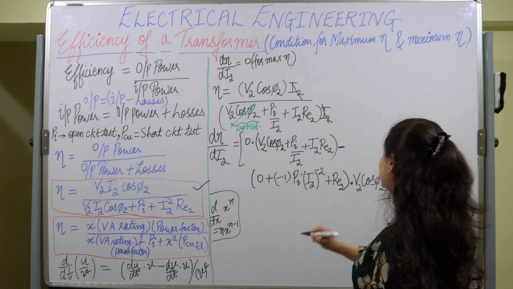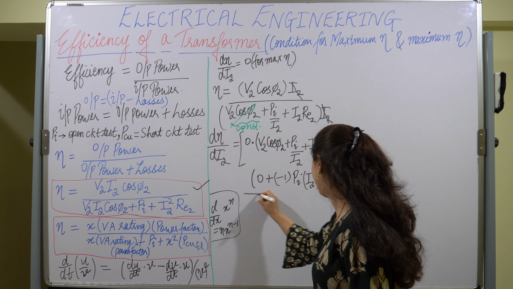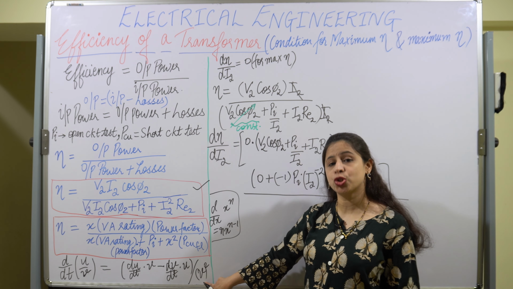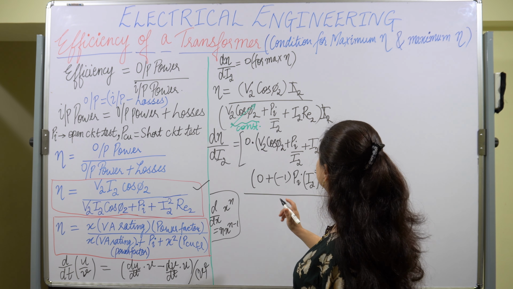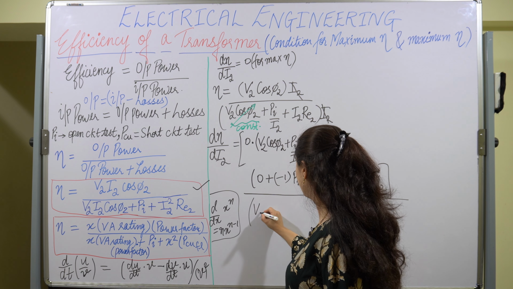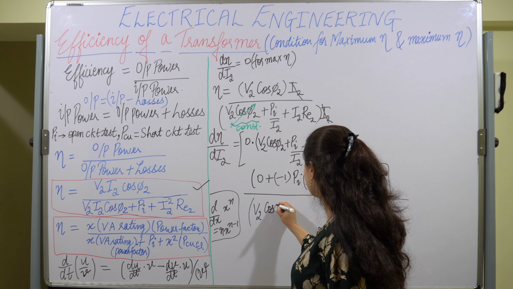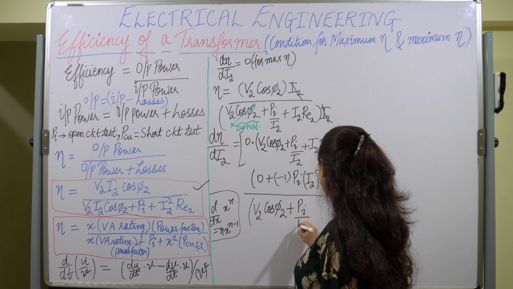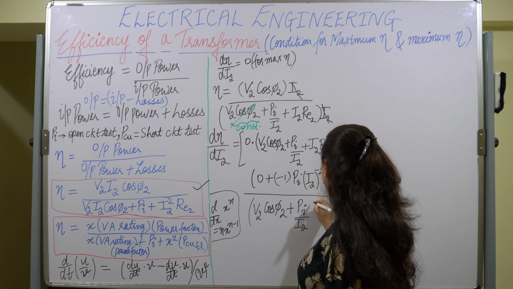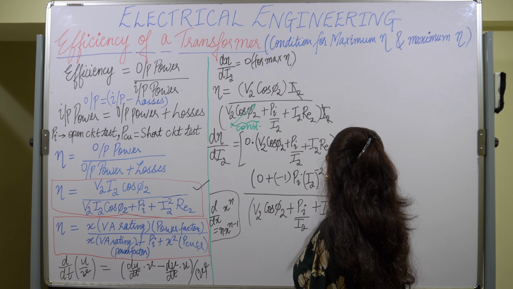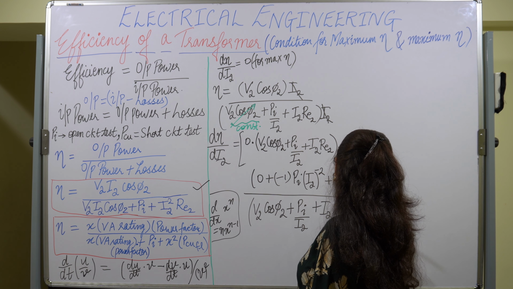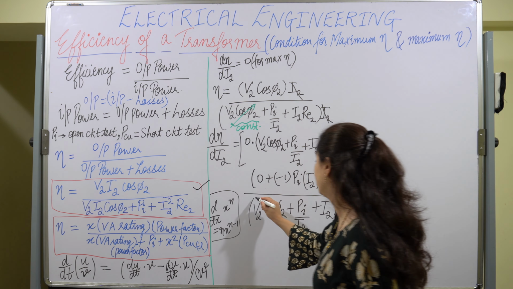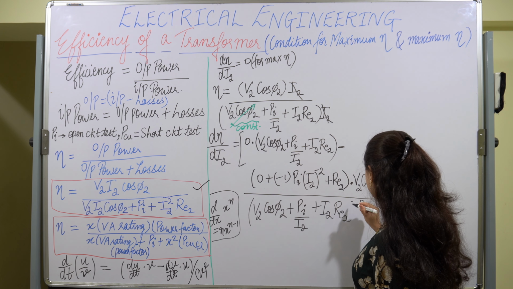I'm closing the bracket here, and upon the denominator square. Our denominator is V2 cos phi 2 plus Pi upon I2 plus I2 RE2, whole square.